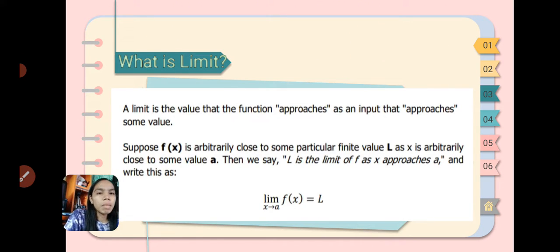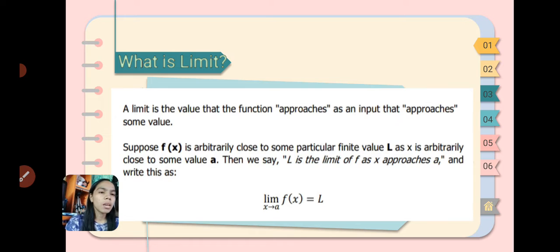So what is a limit? A limit is the value that a function approaches as an input approaches some value. Suppose f of x is arbitrarily close to some particular finite value L as x is arbitrarily close to some value a.